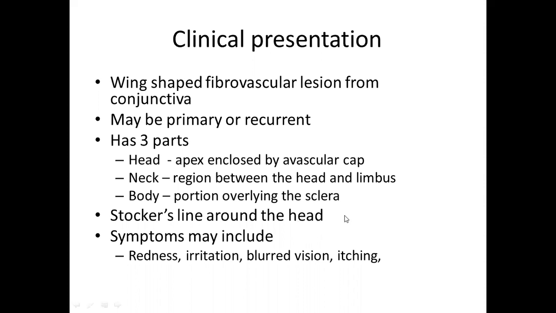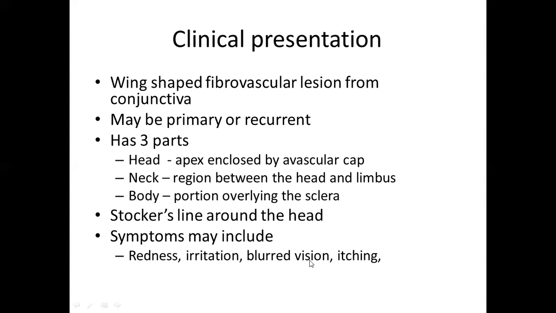So the symptoms of pterygium may include redness of the eye in the case of what we call inflamed pterygium. Pterygium that is inflamed, you may have redness, but pterygium that is not inflamed may not really be red like that. Since it's a fibrovascular lesion, it may be a bit red or pink, but if it's inflamed, it will be markedly red.